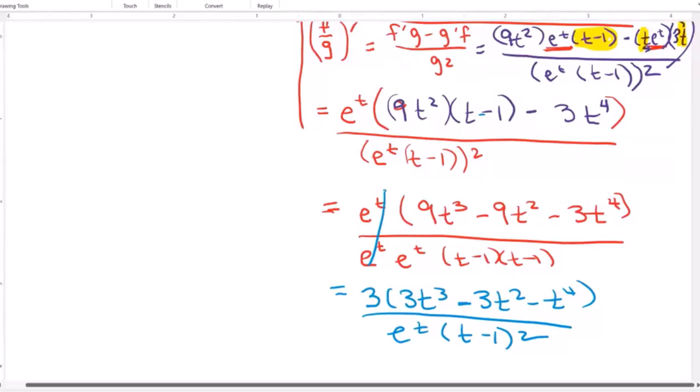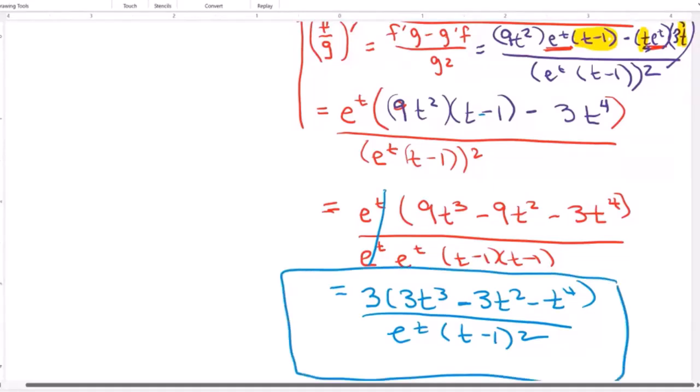So this is really the derivative of my inside function. We can't forget what this is. This is my inside function, the derivative.